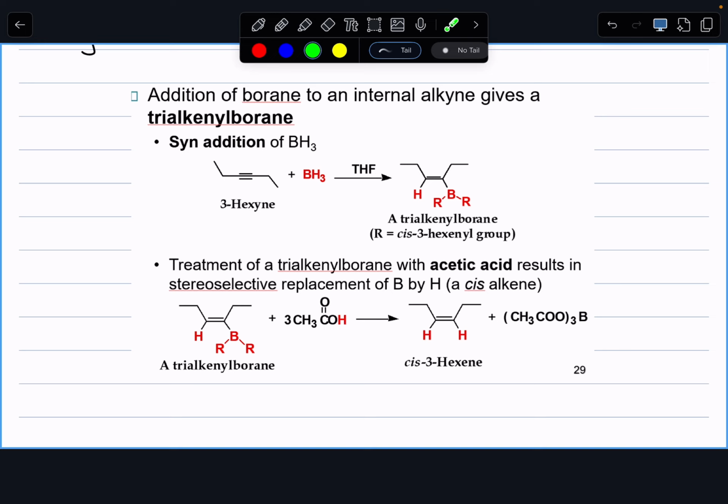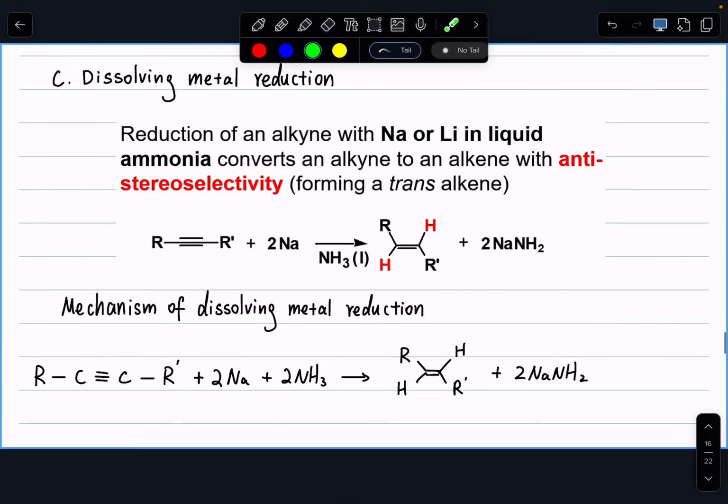And one more reaction is for when we want to have a trans alkene as our product. This is called the dissolving metal reduction. That is reduction of an alkyne with sodium or lithium in liquid ammonia, which will be able to convert an alkyne into an alkene with anti-stereoselectivity, meaning we're adding the two hydrogens on trans positions of my alkene.